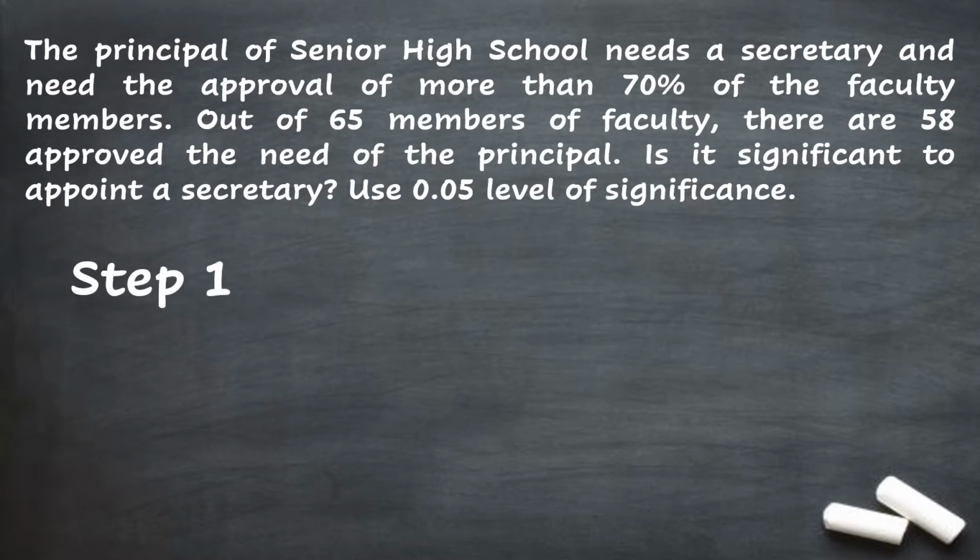First step is to identify the null and alternative hypotheses. We will use the first statement as the basis for our null and alternative hypotheses since this is a factual statement in this problem. Our null hypothesis is population proportion is equivalent to 0.70 since if we go back to our first sentence, the numerical value given for the factual statement is 70%.